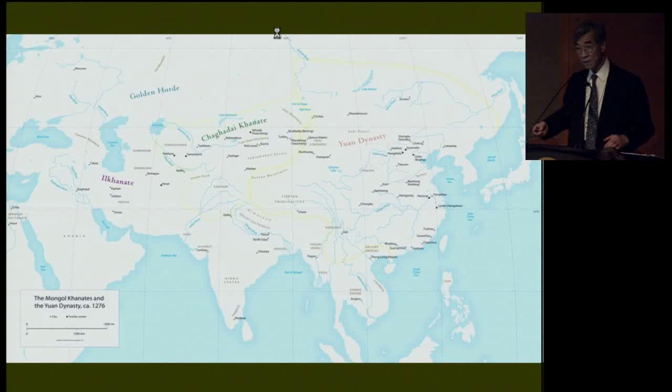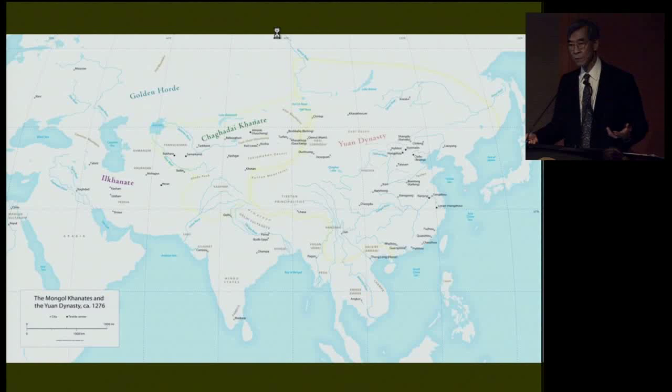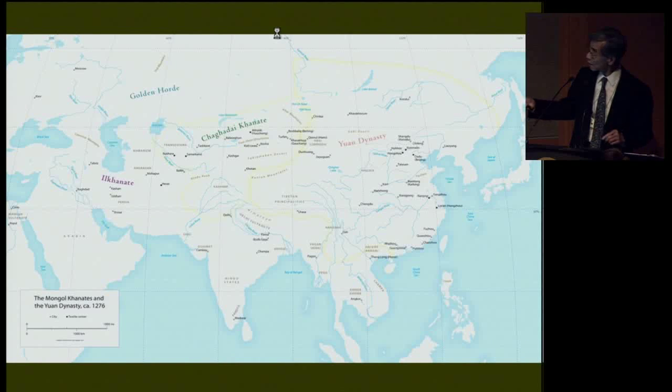It was a vast empire of which the Yuan was only one part, but a very important part because Khubilai, at least in principle, was the great Khan of the entire empire, although nobody else took his orders in all the other areas except the Ilkhanate.